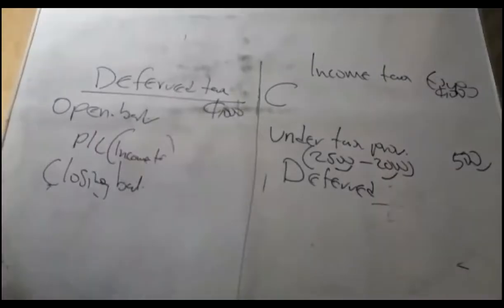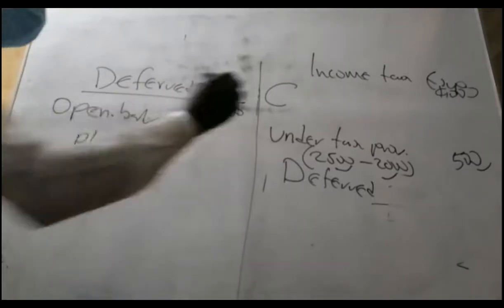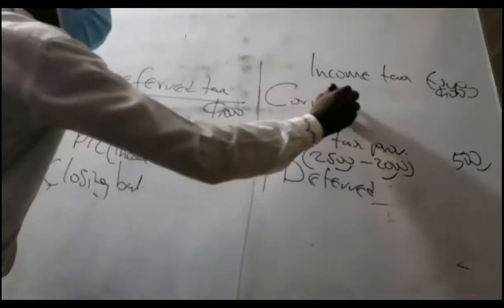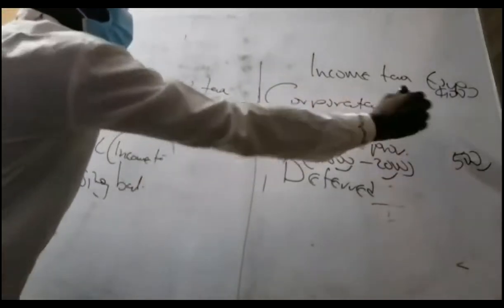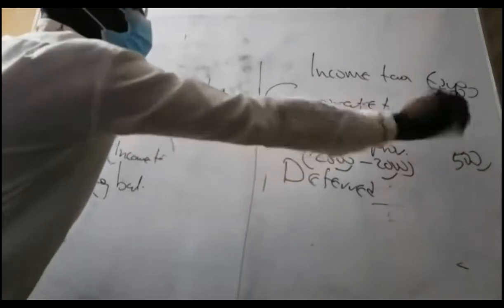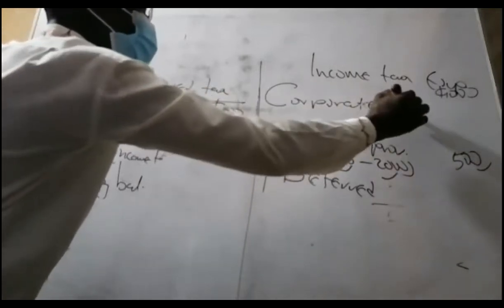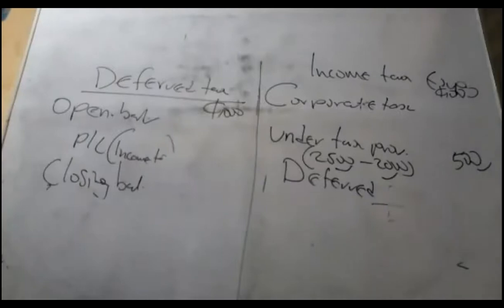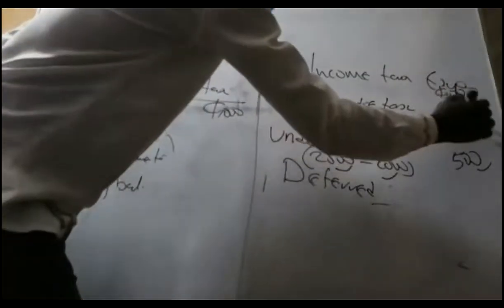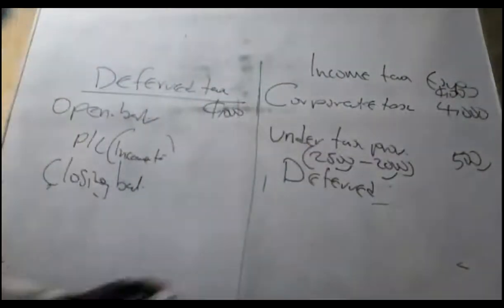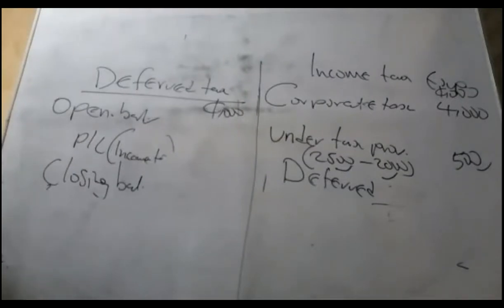That makes it the current year, because they've mentioned the year 2018, and we are reporting for 2018. So I just have to continue: corporate tax provision 4 million, so 4,000.